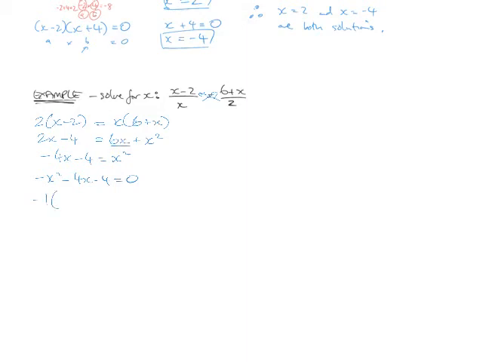If I remove negative 1, that would be positive x squared, positive 4x, positive 4 is equal to 0. And because that's written as the product, negative 1 lots of x squared plus 4x plus 4 is equal to 0. That's the same as x squared plus 4x plus 4 is equal to 0.